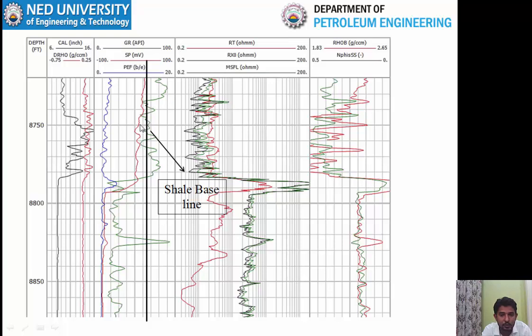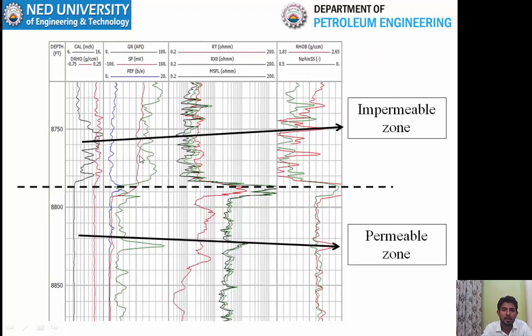But again, these zones are not so reliable because the density correction values are very large, which shows that you have some problem in this zone. But since we are using only the SP log, we will say that these zones are also permeable zones. So all zones which have slight or larger deviation from the shale baseline are permeable zones.